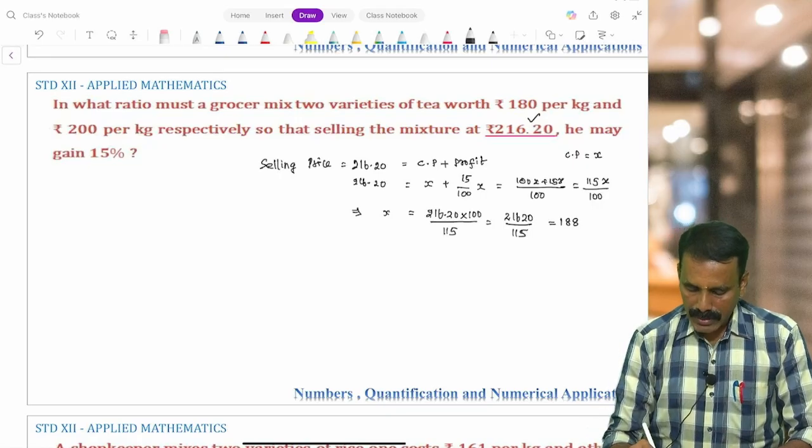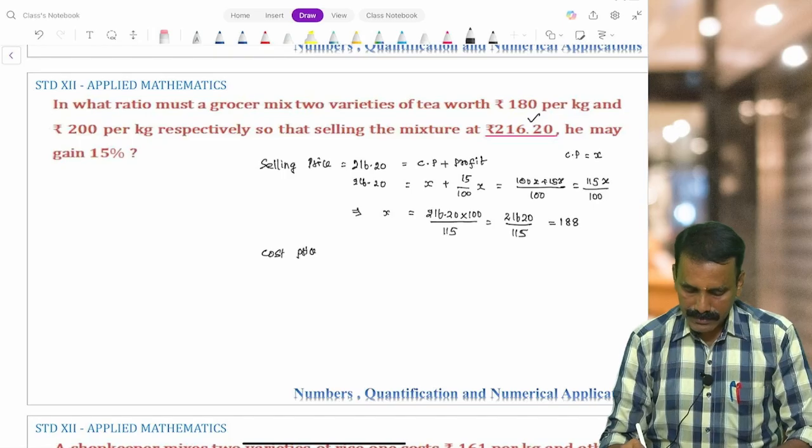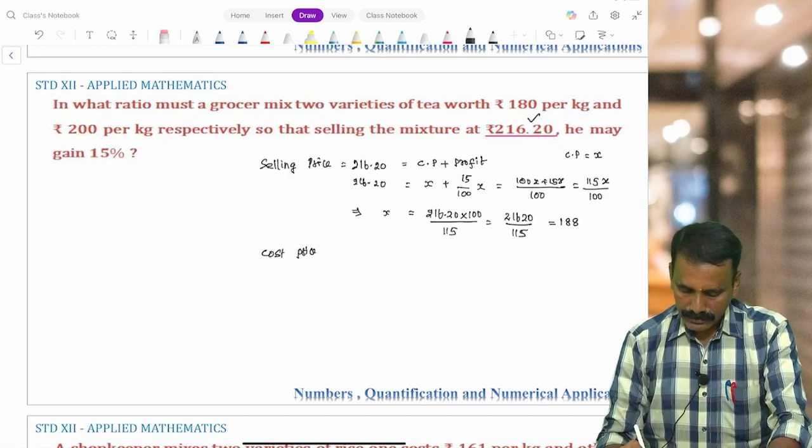So this is the actual cost price of the mixture. Cost price of the mixture is 188 rupees.